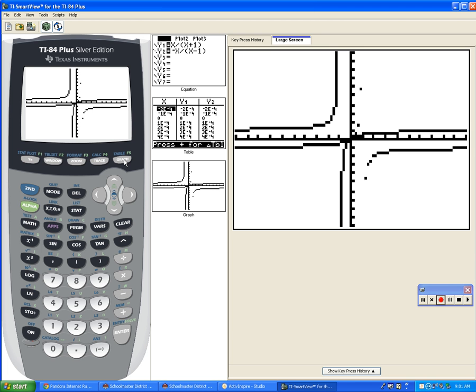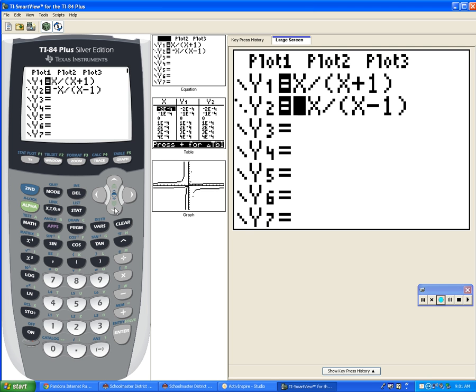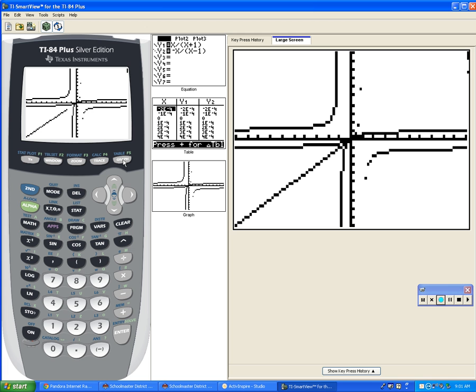This is a bad example to show because it's hard to see, but the way that these are related is that they're reflected over the line y equals x. So this piece right here was one of the branches of the original function, and that got flipped over, and so the branch of the inverse that goes with it is down here.